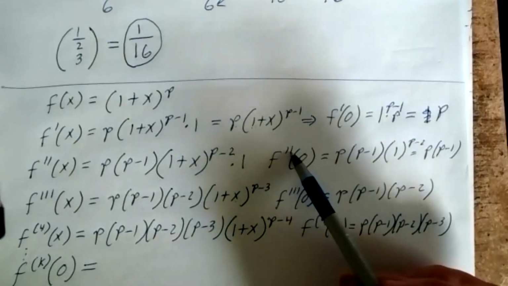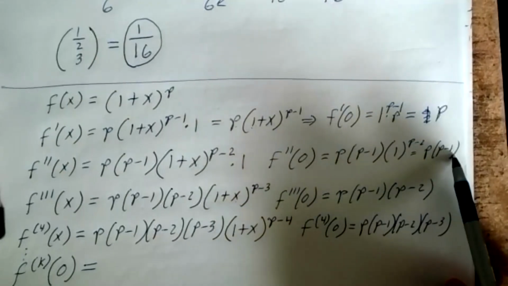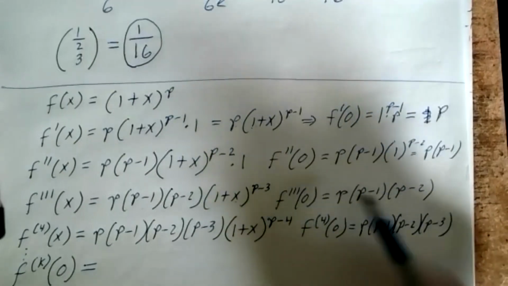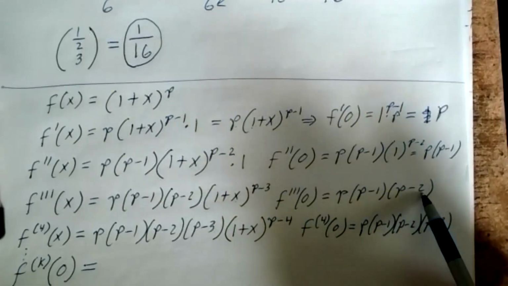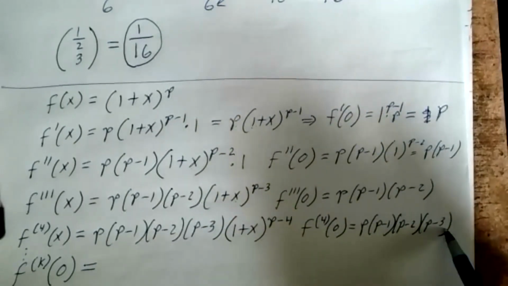and then the second derivative is going to be what? P minus 1. The third derivative, we have what? P minus 2. The fourth derivative, our last factor, is p minus 3.